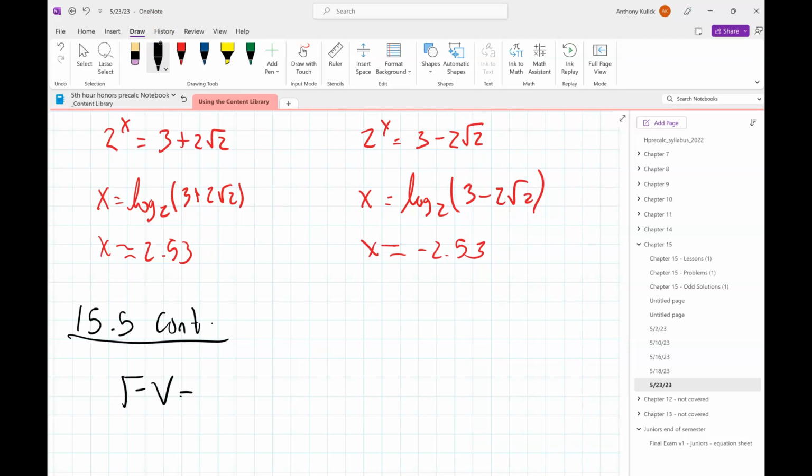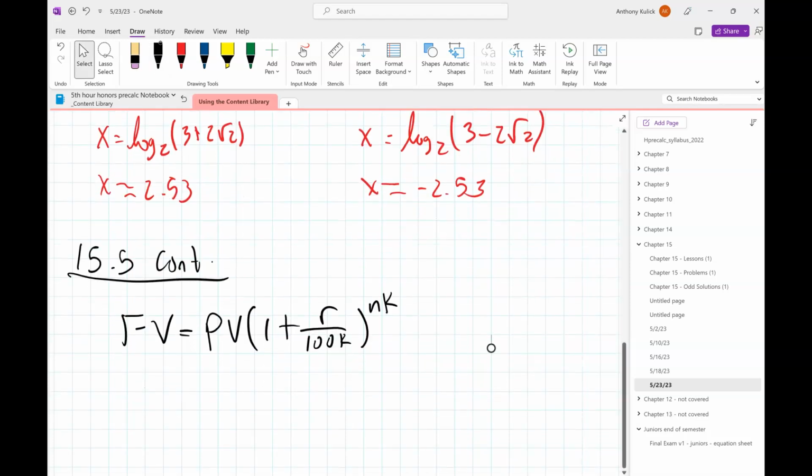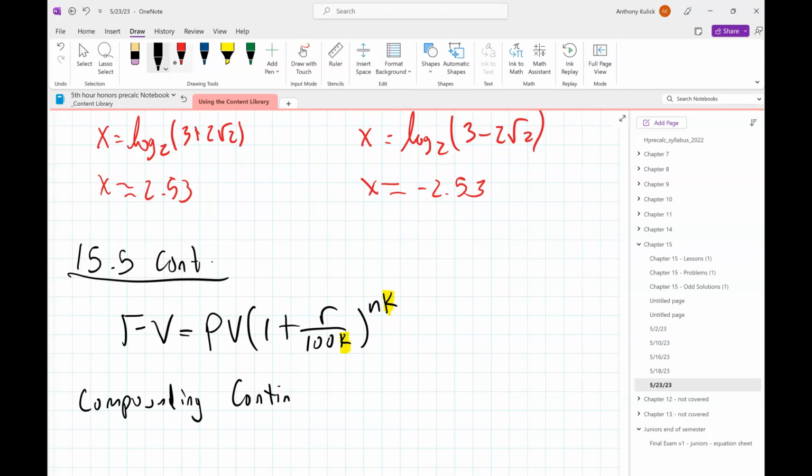So last time we had been talking about our compound interest formula, right? So we talked about specifically this K being the number of compounds per year. The question is, what happens if we are compounding continuously?